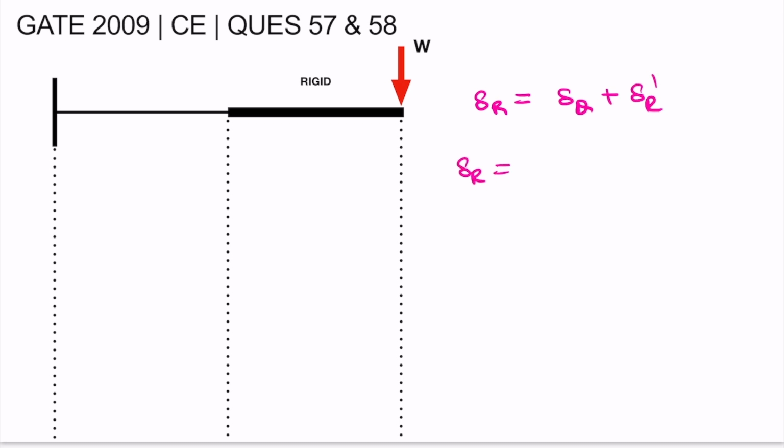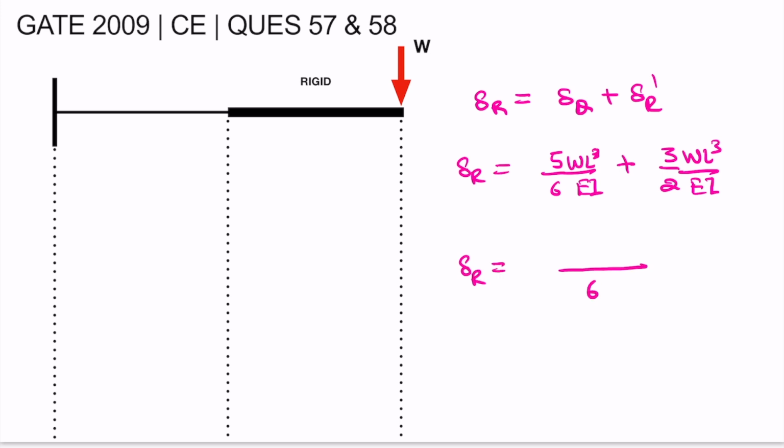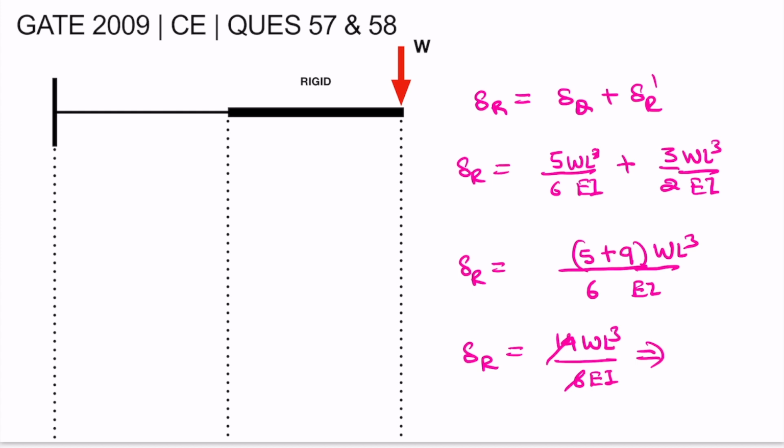Delta R comes out to be 14 WL cube by 6EI, which we can further simplify as 7 by 3.